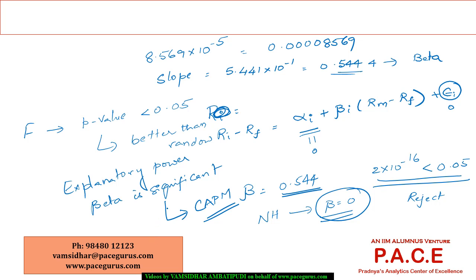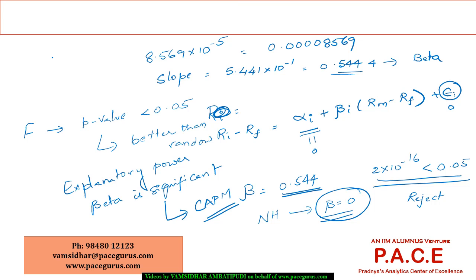And even if I had removed the intercept, the beta did not change. Even when the intercept was there or when the intercept was not there, the beta value did not typically change.